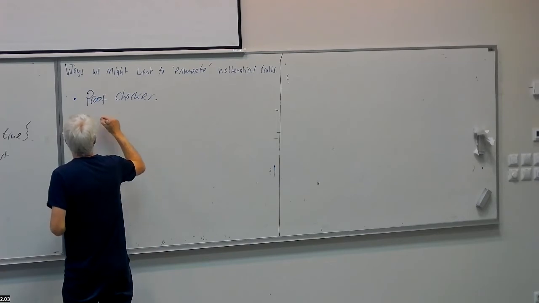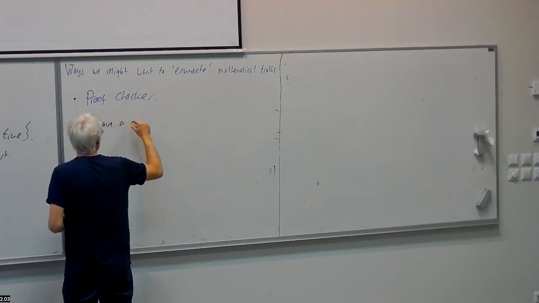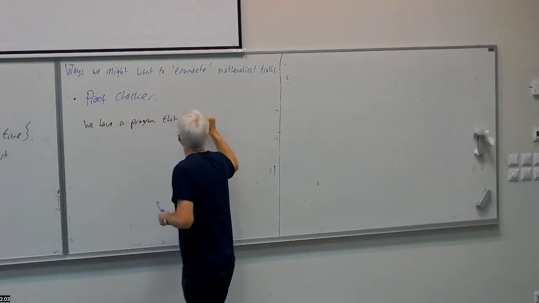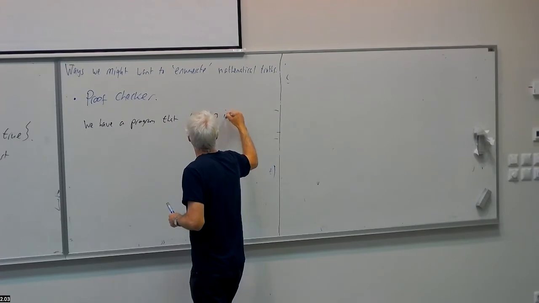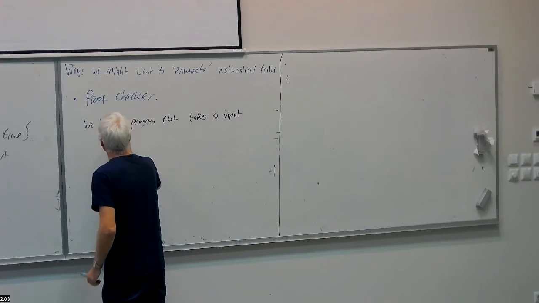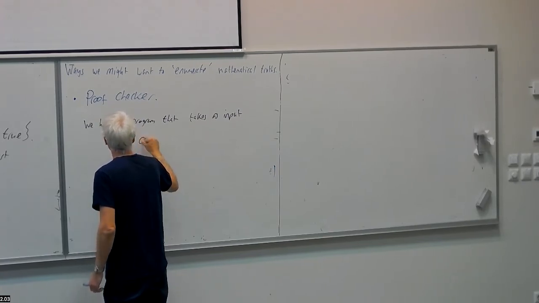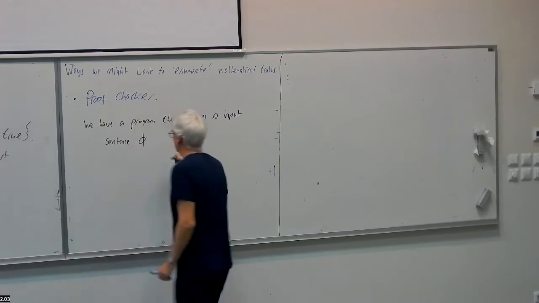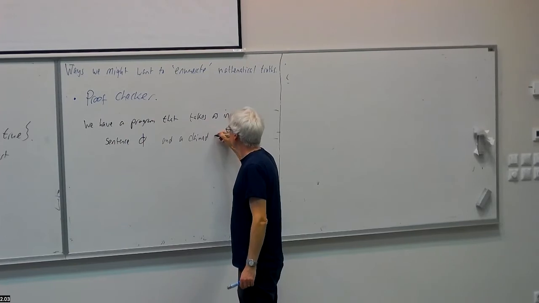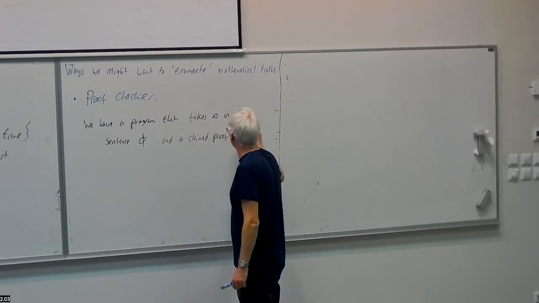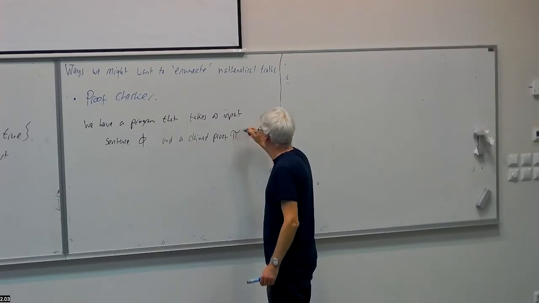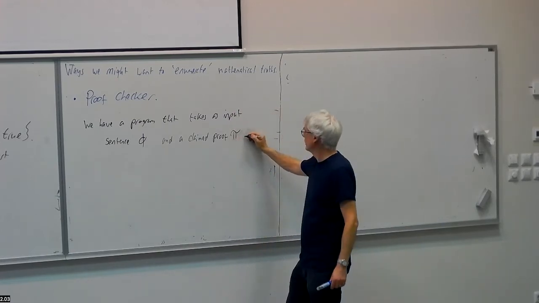We have a program that takes as input a sentence phi and a claimed proof pi. Let's call the proof pi because pi is a p. The proof.